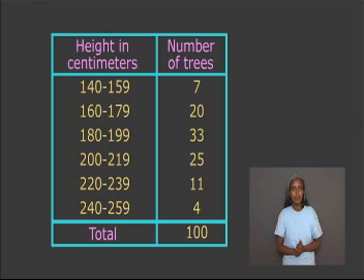The data values are the heights in centimeters found on the left. The frequency is on the right, showing the number of trees. By looking at this table, we can see that the majority of trees are between 180 and 199 centimeters tall.